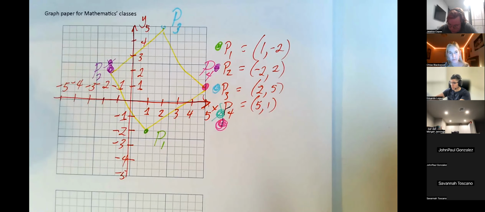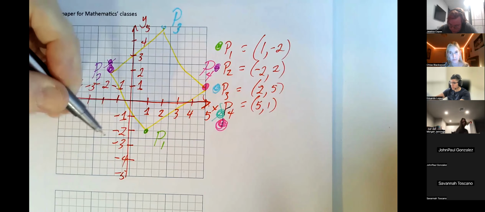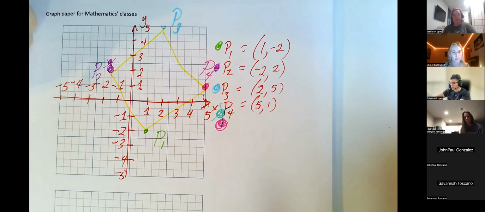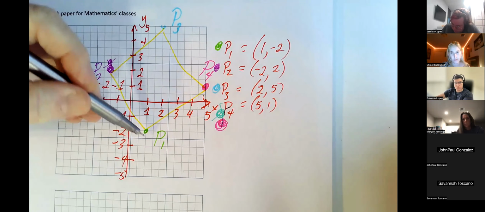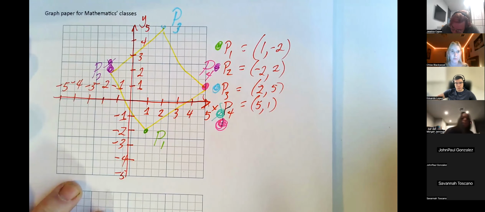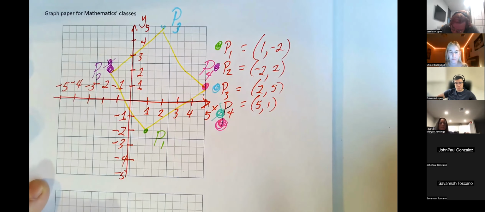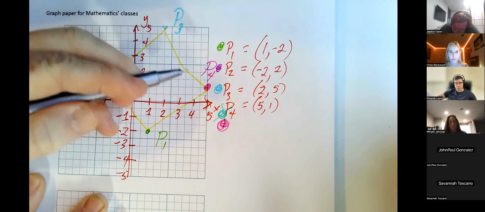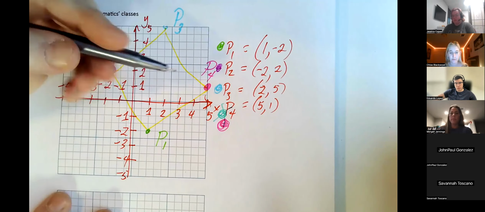So do I need the slope between P1 and P3? No. That's right. What do I need? What's one of the slopes I need to find? P3 and P4. Okay, good. Because P3 and P4 have an edge that might be part of a square.